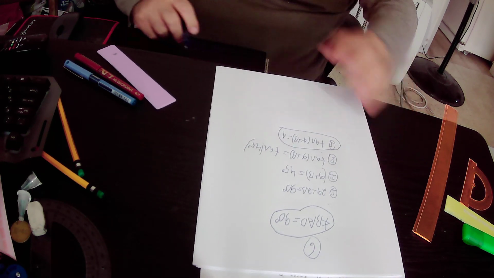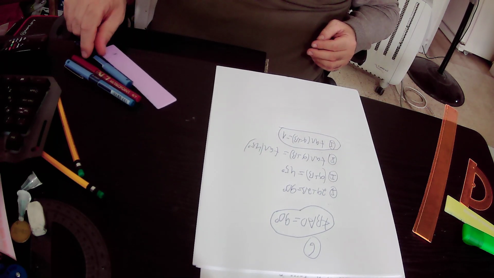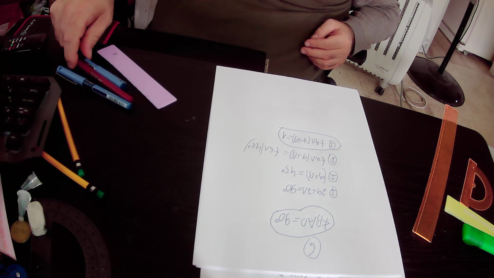But we actually have a trigonometric identity for the value of tangent of alpha plus beta.